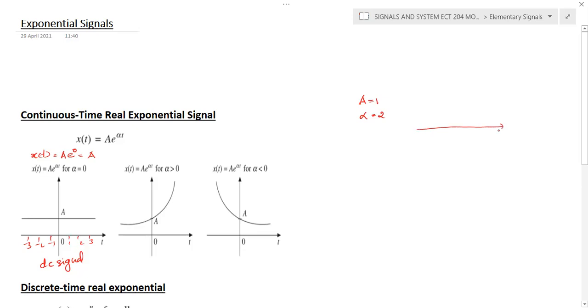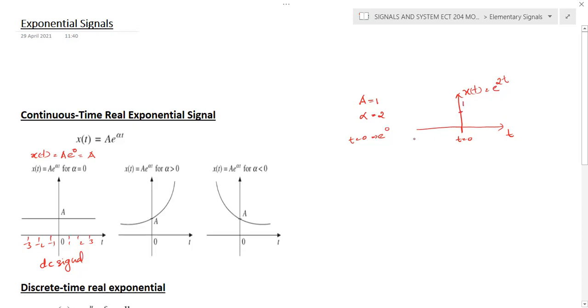This is the time axis, and we need to plot the signal x of t is equal to 1 into e raised to 2t. At t is equal to 0, it becomes e raised to 0, which is equal to 1. So at t is equal to 0, the function magnitude is 1.